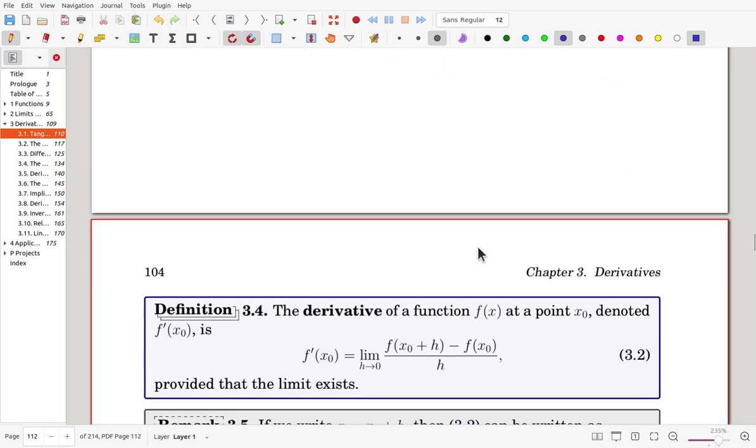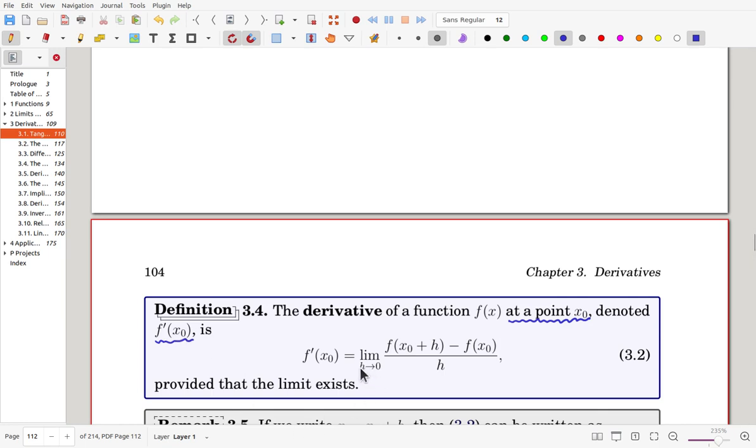Okay. Now we'll define officially the derivative. The derivative of a function at a point. We define the derivative at a point, using the notation f prime x0, which is this limit.